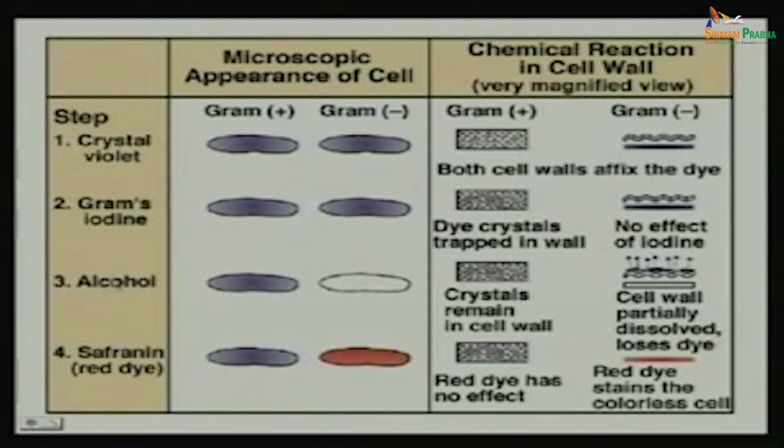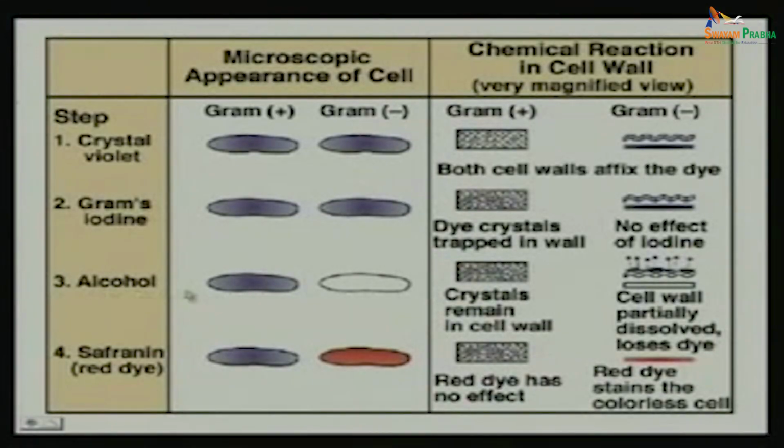Now, what is happening when we add this organic solvent? The organic solvent may be alcohol, or it may be an alcohol and acetone mixture. We add the alcohol or alcohol-acetone mixture in excess, and we wash out the excess dye which is present.